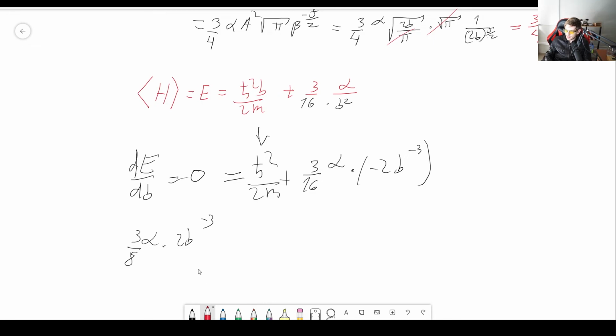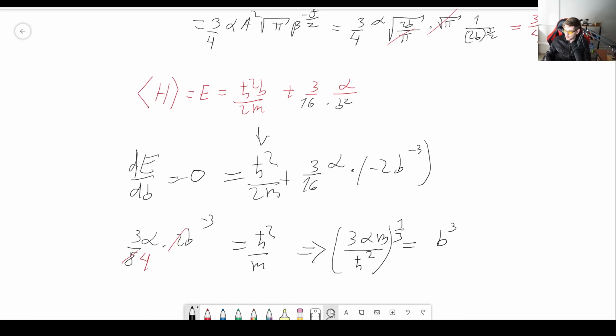So I guess this also cancels out a little bit. It's a 4 now. And this is equal to h bar squared over m. So from here, we now have to multiply by b cubed and get rid of this. So we get 3 alpha m over h bar squared. This is equal to b cubed. So if we want to find b, we need to raise this to the 1/3.